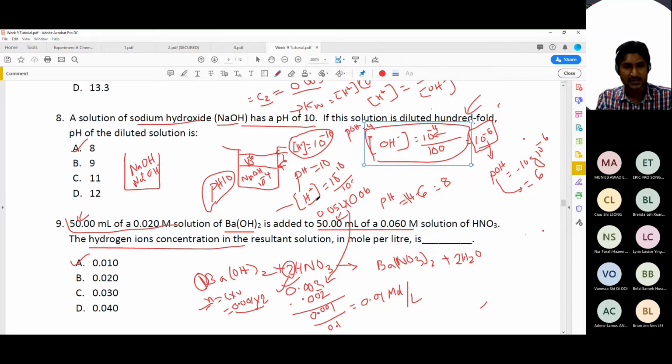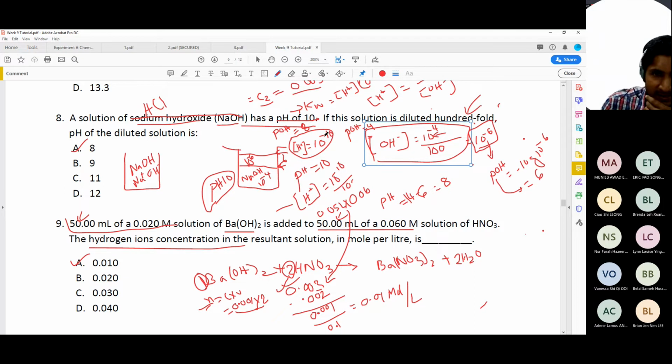It is the exact opposite. If the problem told me that it is not sodium hydroxide, it is HCl, and let's say the problem says that pOH is 8.